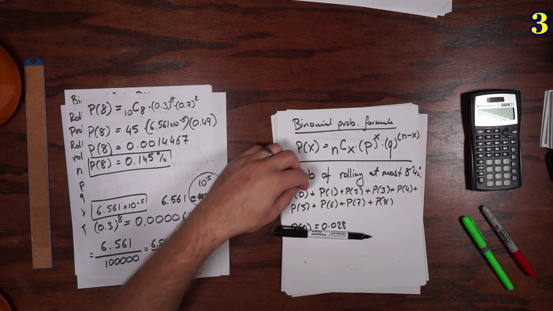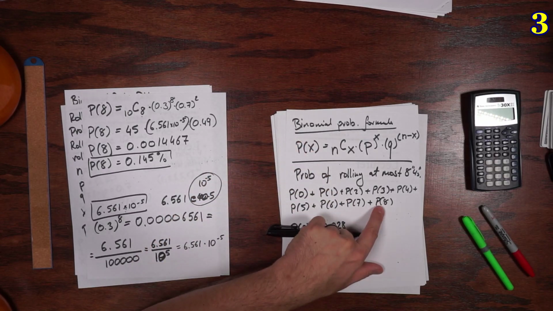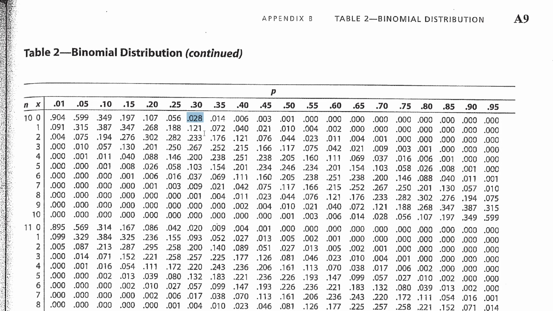So we pretty much have to add the column starting from 0 ending at 8. So we have to add p of 0 plus probability of 1, 2, 3, 4, 5, 6, 7, and 8.